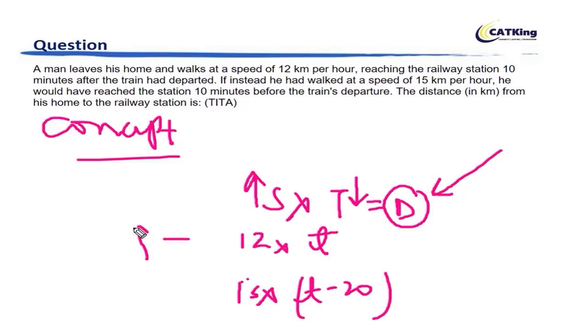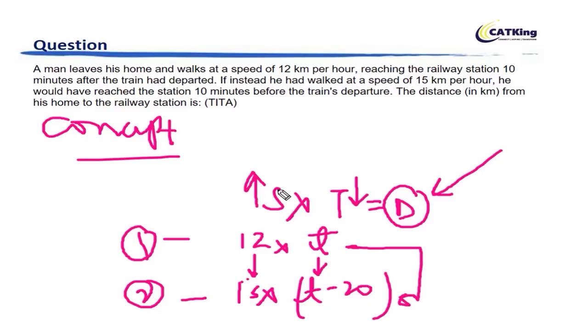So the first case and this is the second case. So in both the cases you can see that because the speed has increased, the time has reduced, but the distance remains constant in both these cases. Therefore we can say that 12t will be equal to 15 into t minus 20, right?